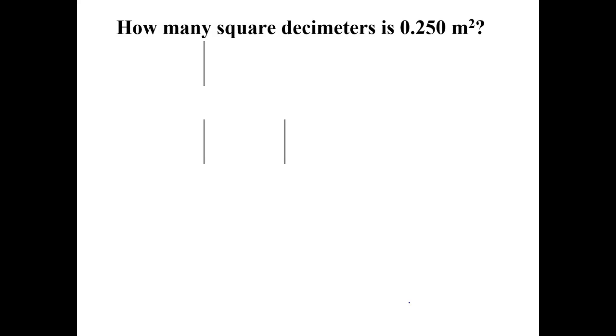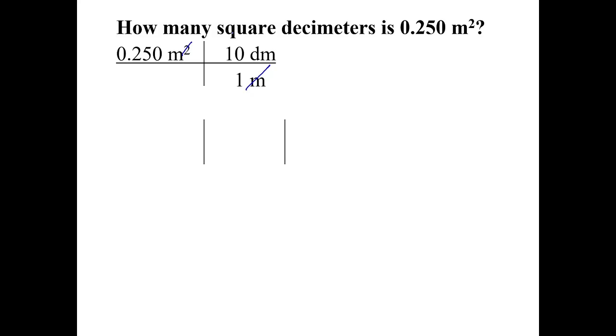Let's see how many square decimeters is 0.250 meters squared. So we want to go from meters squared to decimeters squared. And we know that there's 10 decimeters in a meter. The problem is that will only cancel one of our meters. Just treat the m squared the same way you would treat x squared in algebra.